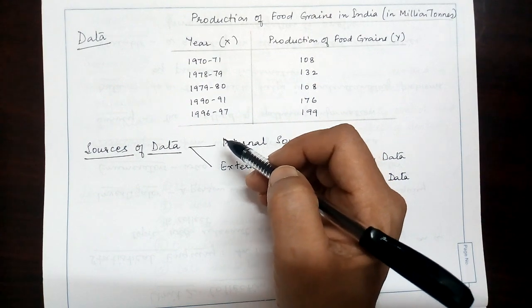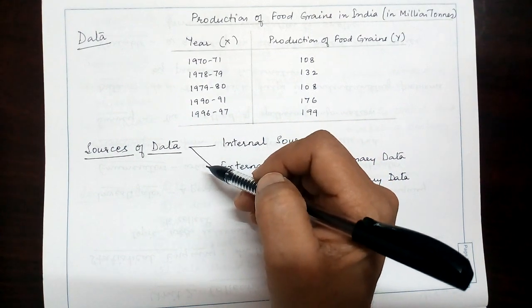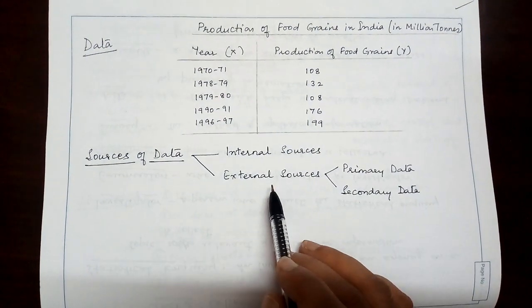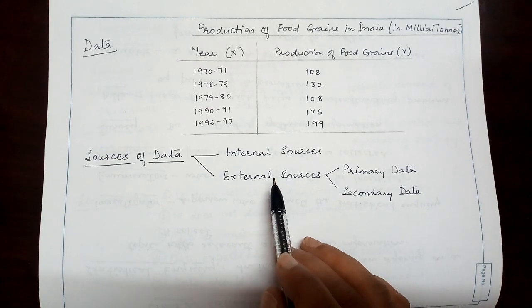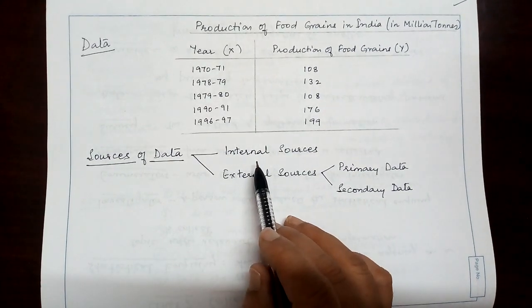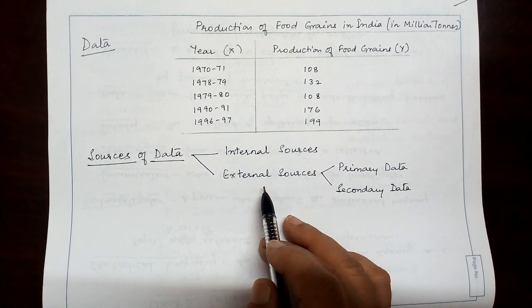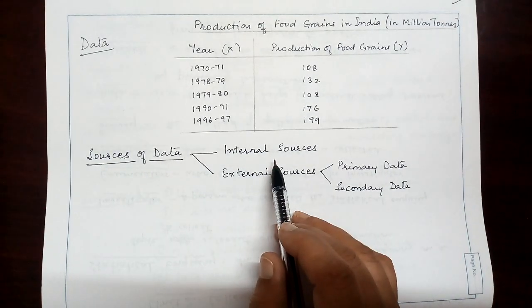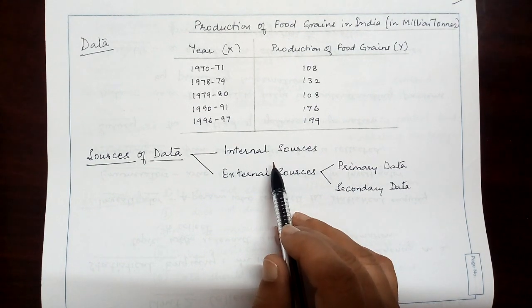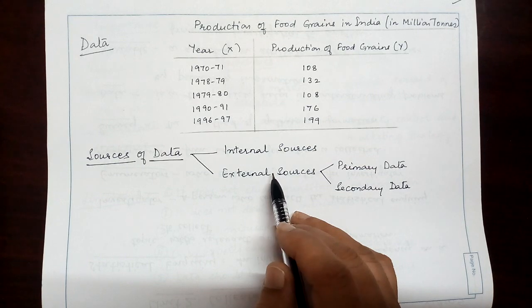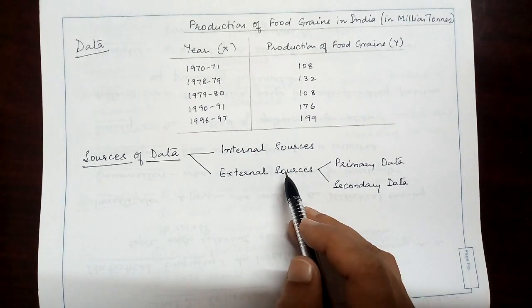Now what are the sources from which data can be collected? There are two sources from which we can collect data: the internal sources and the external sources. The internal sources, for example, is an organization from which data is collected from its reports and records.